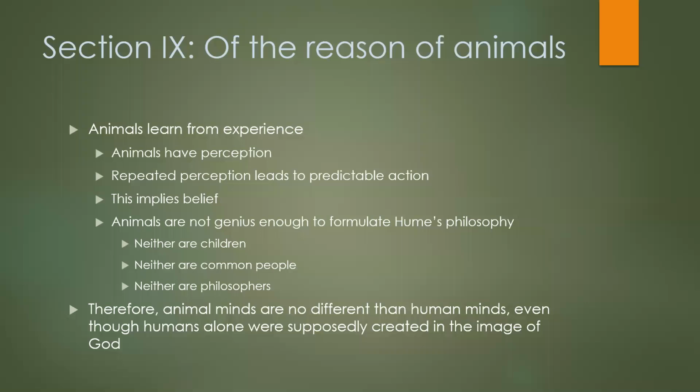Now, why do they form these beliefs? It could be because they understand Hume's notion of the mind and how cause and effect is a force of habit. Could be that animals fully understand the philosophy we're currently engaged in discussing.